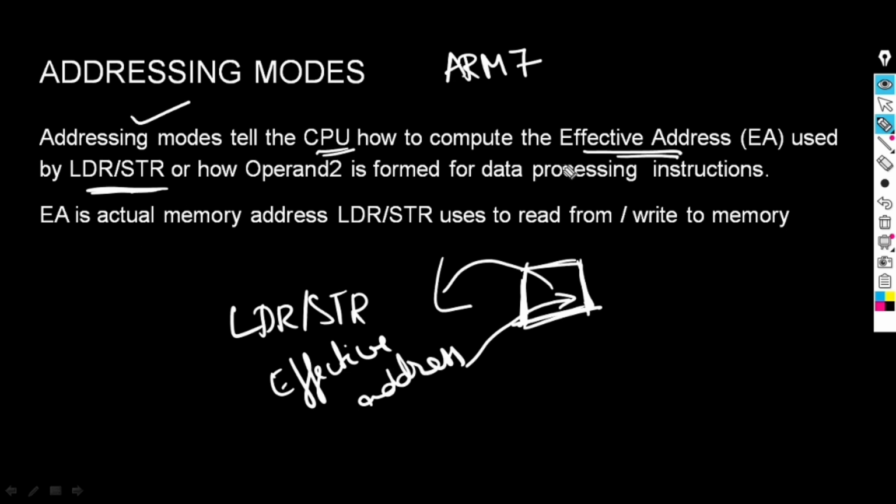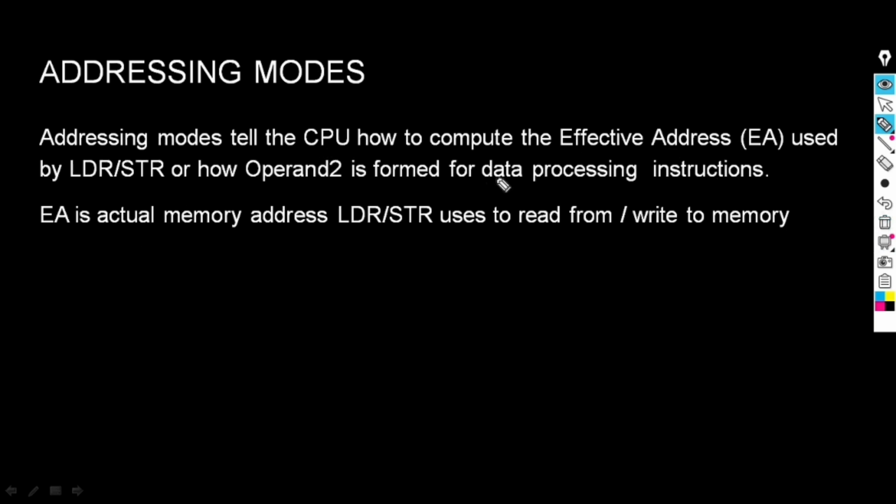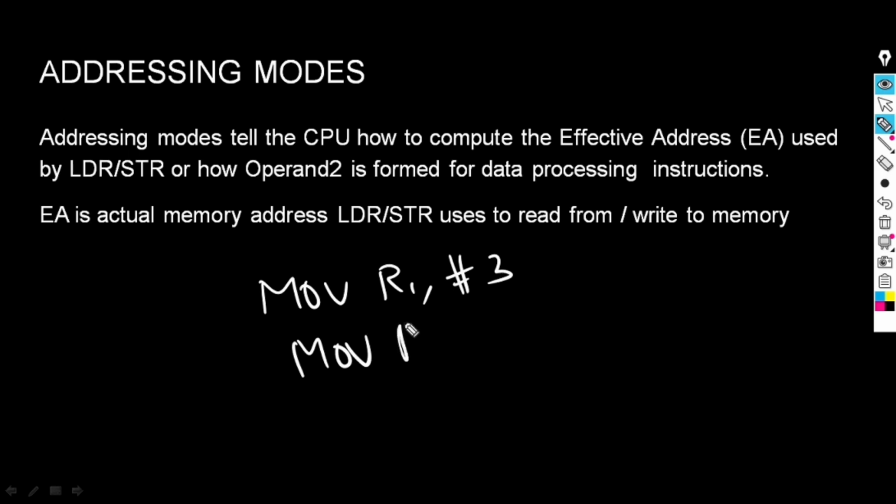Next, we have data processing instructions. In case of data processing instructions, why exactly is addressing mode required? Let's take an instruction like MOV R1, #3 or MOV R2, R3. In this case, what second operand, or operand 2, should be taken is determined by which addressing mode we are considering.